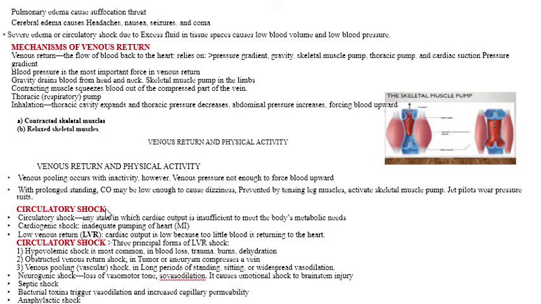Neurogenic shock, as I said, is related to nervous stimulation, usually by the vagus nerve, causing vasodilatation. It can be due to brainstem injury. There is another shock, septic shock, or bacterial shock, and anaphylactic.